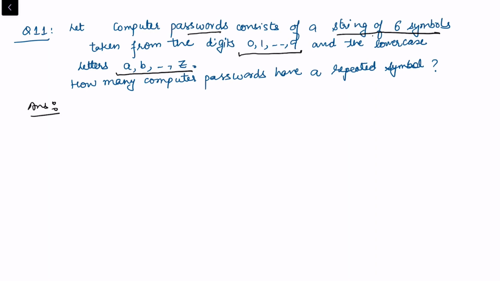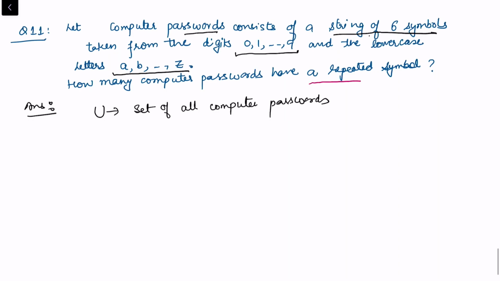So in total, if we consider U, this is the set of all computer passwords. Suppose I am considering a universal set which consists of all computer passwords. Now the question says, how many computer passwords are there that have a repeated symbol. To find the repeated symbol, we will attack it from the counter side. I'll first calculate the set which does not have a repetition.